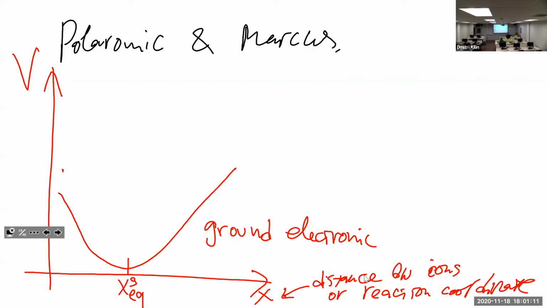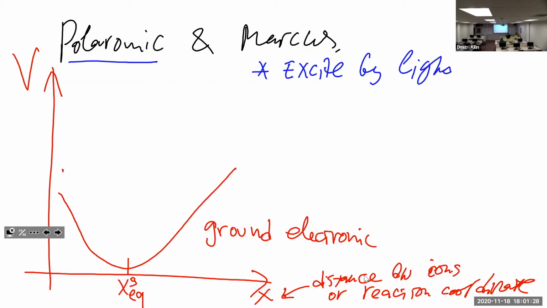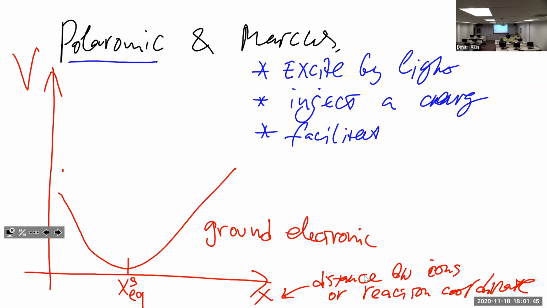If we irradiate the model with light, or I'll just say make it excited by radiation, inject a charge, or just heat it up to facilitate the reaction and change the electronic state.